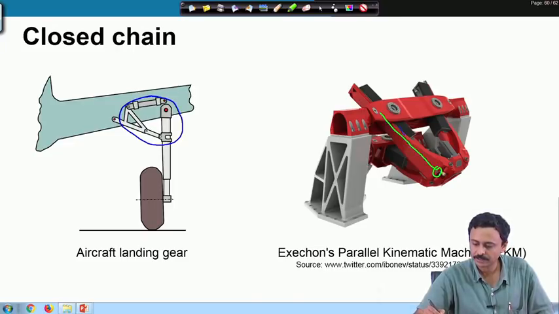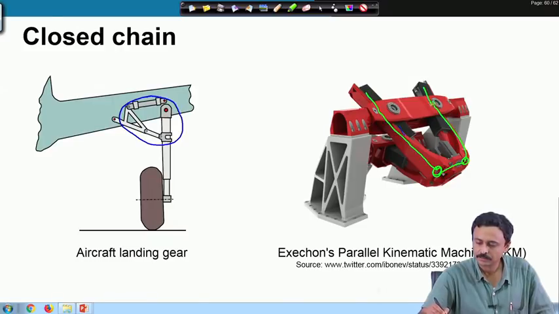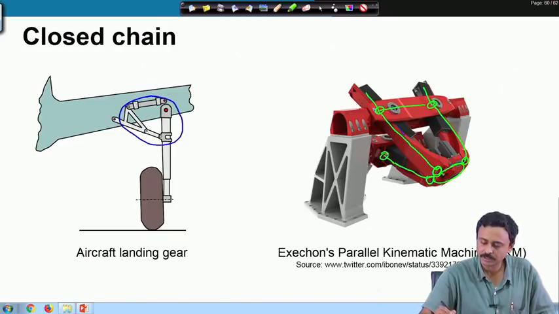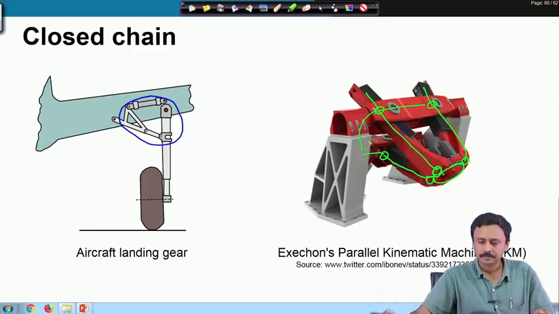Here is a kinematic chain. So, here is a link, here is a connection point, here is a connection point, here is a link, below there is a connection point, here is a connection point, here there are links, they are all connected. So, this is a closed chain.